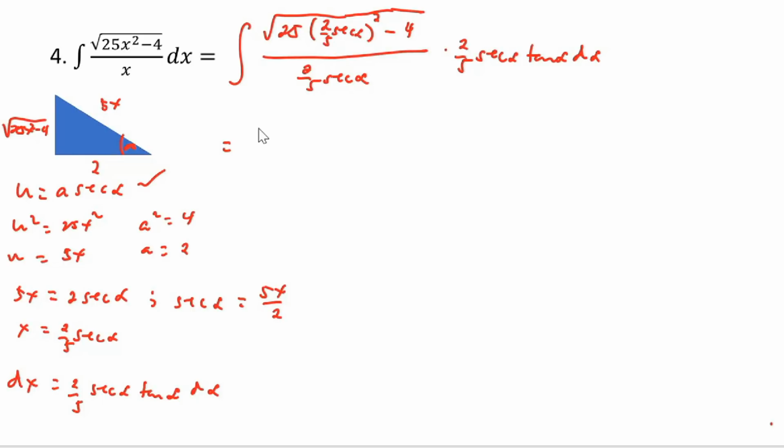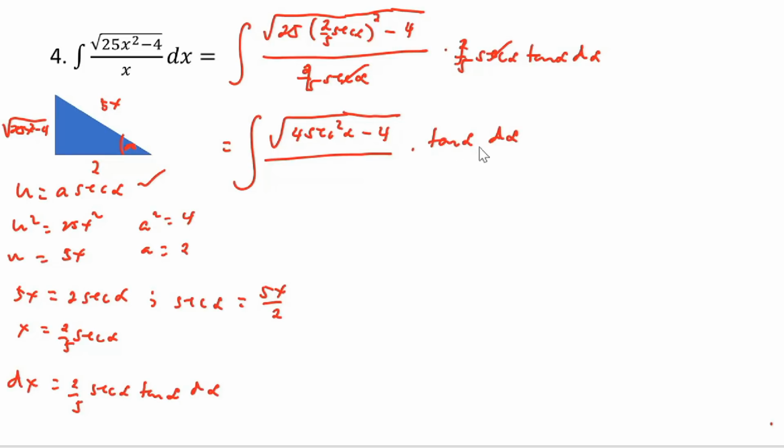So the remaining there is the integral of the square root of 4 secant squared alpha minus 4 all over. So 2/5 divided by 2/5, that will be cancelled. So I have one secant alpha and secant alpha. I can cancel this one also. So the remaining term now is times tangent alpha d alpha.